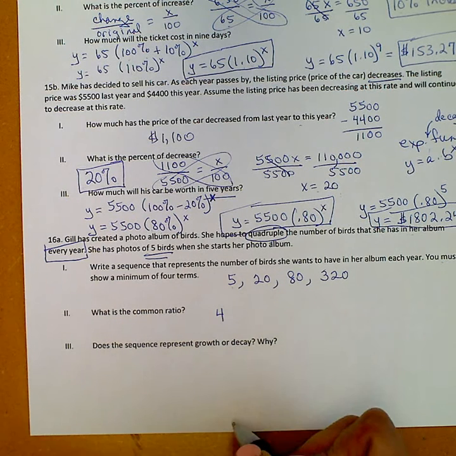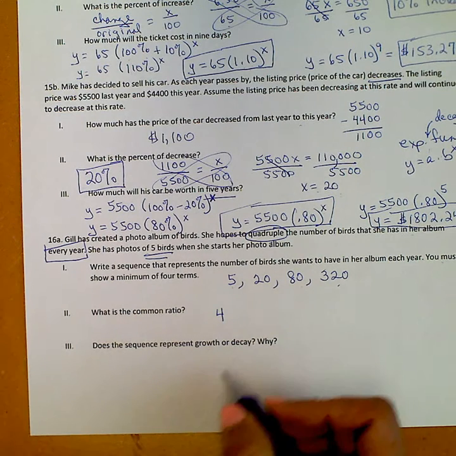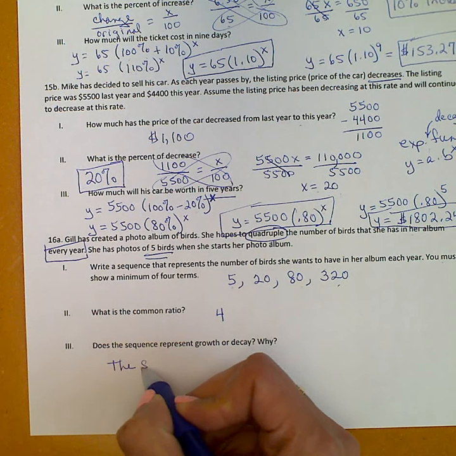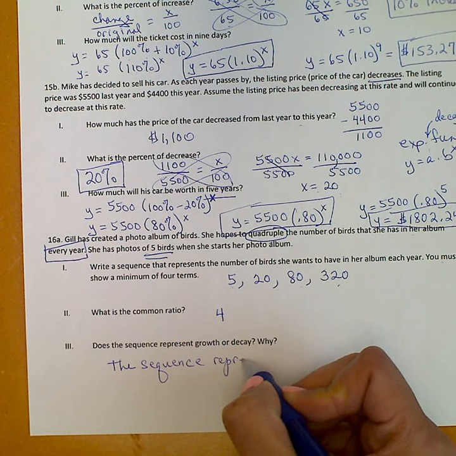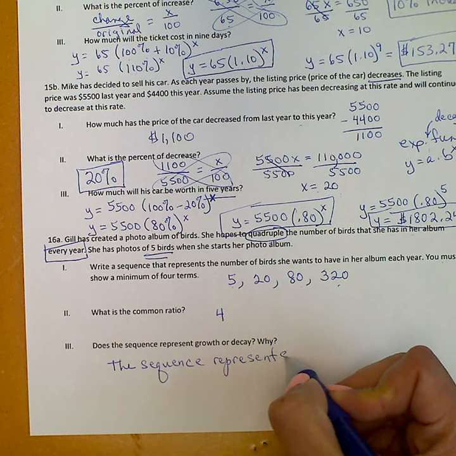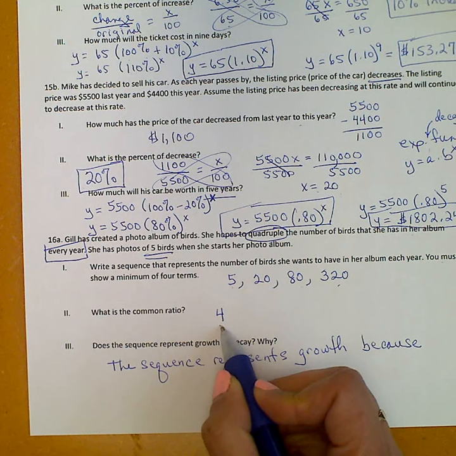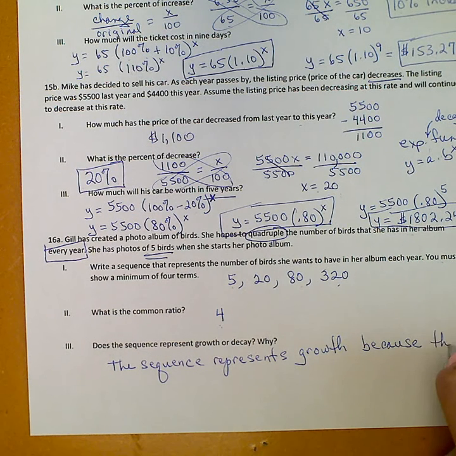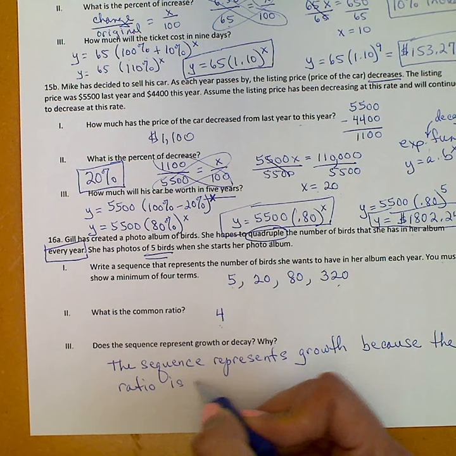Does this represent growth or decay? Well, the sequence is increasing. So the sequence, I'm sorry, I'll try to print, I forgot. The sequence represents growth because the ratio is 4, and I know it's a growth model anytime my ratio is greater than 1, because the ratio is greater than 1.